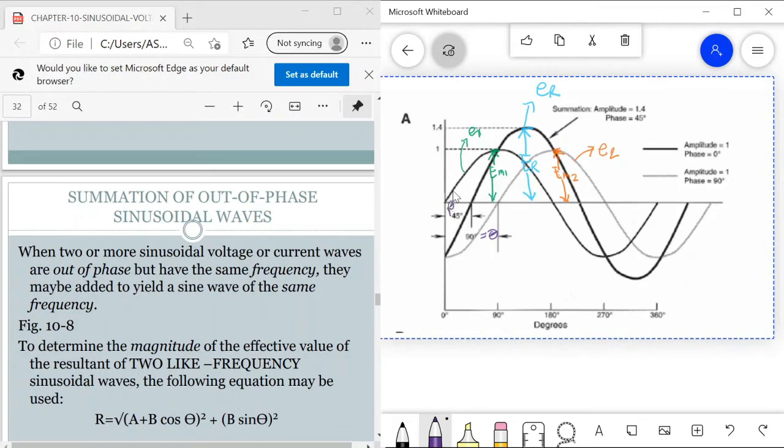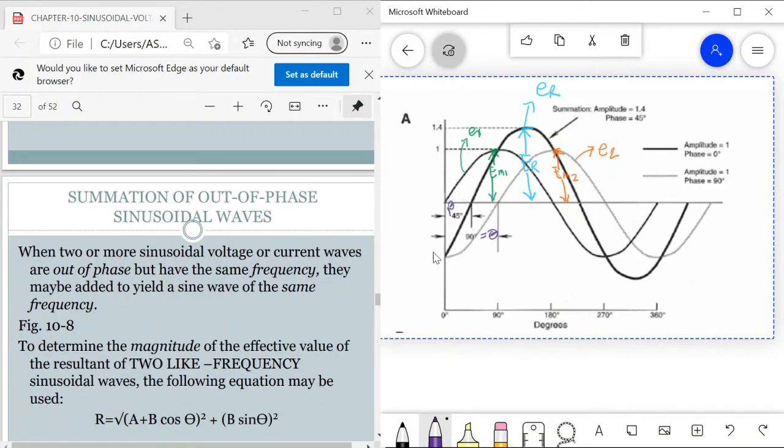So here is the sample for out of phase waves. First we have this wave, the E1, the equation of the instantaneous voltage 1. This starts at 0 value here. So this is in phase with respect to the x-axis or the reference.